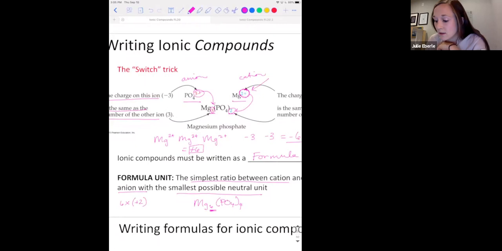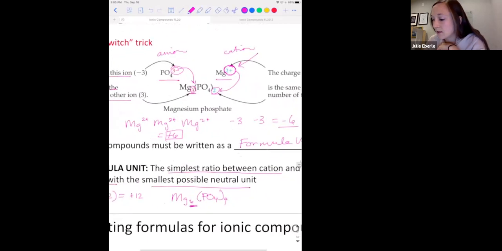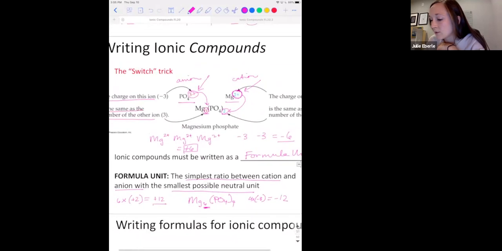So that means we have a magnitude of +12 charge from our cation. Okay, what about the anion? If we have 4 phosphates, each one has a -3 charge. So we got 4 of them times -3. Each one's -3, so that gives us -12. So yeah, +12 and -12 gives us a charge neutral unit.